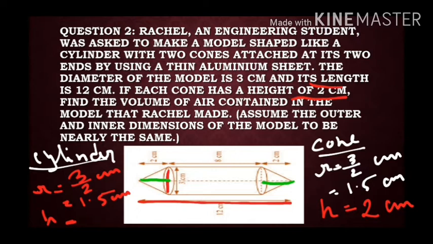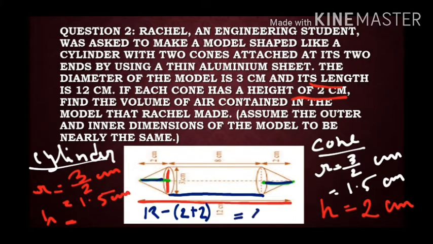Therefore, the height of the cylinder will be from this position to this position, and the value of this height of the cylinder will be 12 minus (2 plus 2). You have to deduct this length and this length from 12.